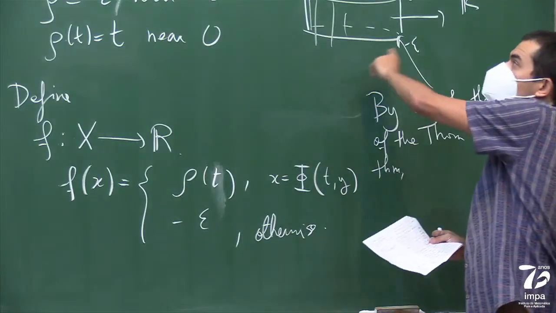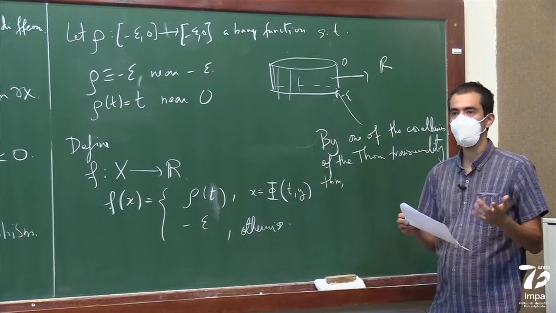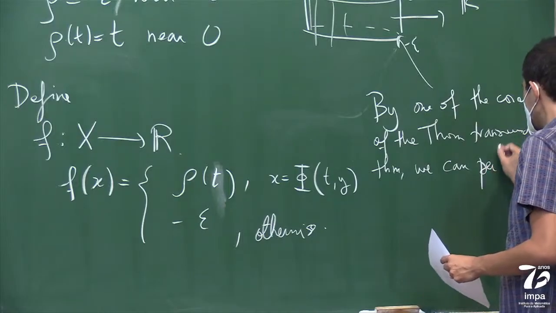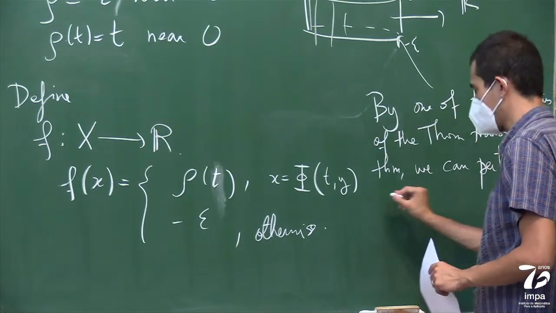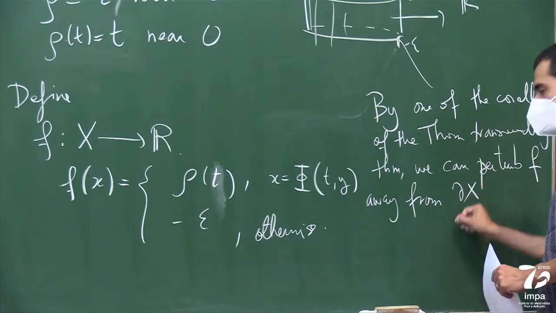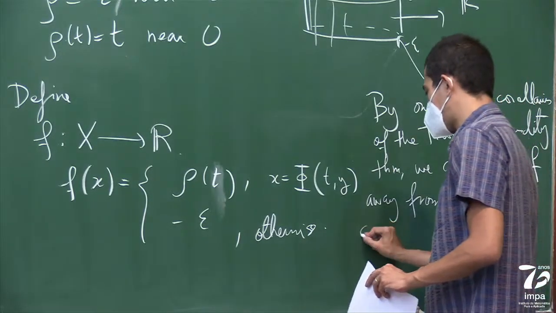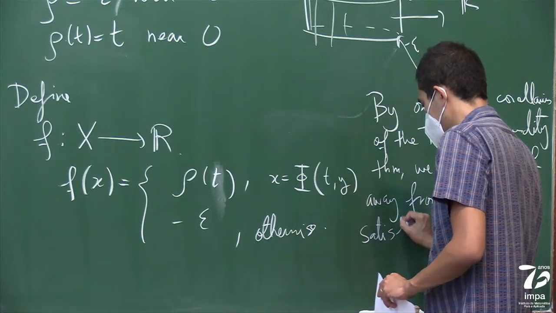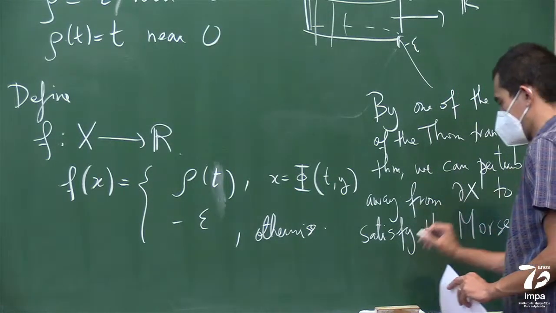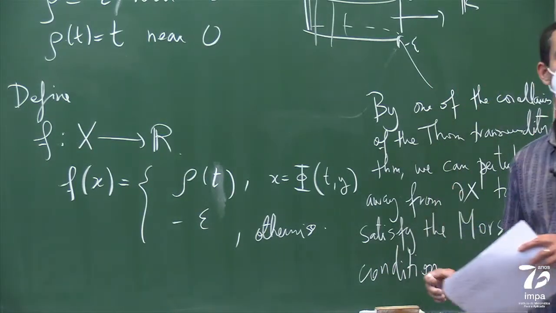Because there are no critical points here, the transversality condition is attained. So we can perturb F away from the boundary of X to satisfy the Morse condition. Okay?